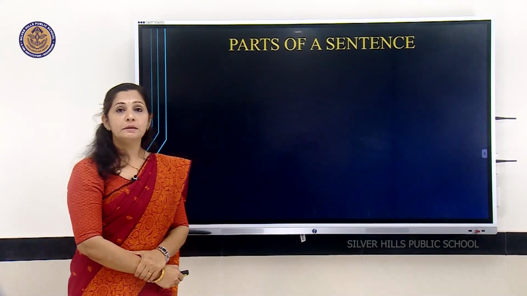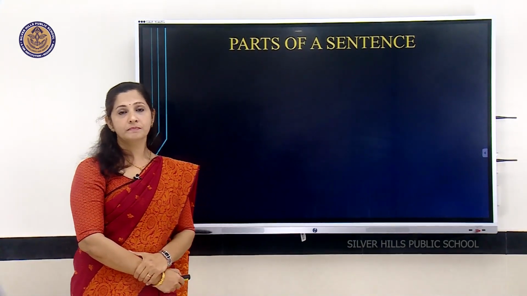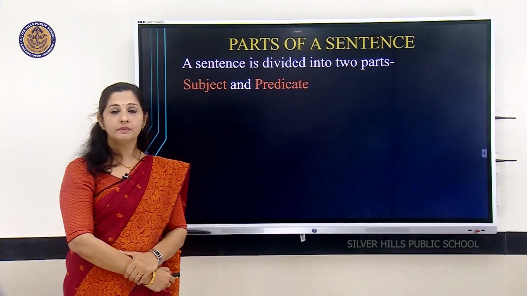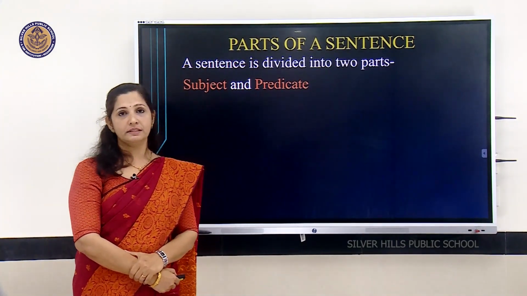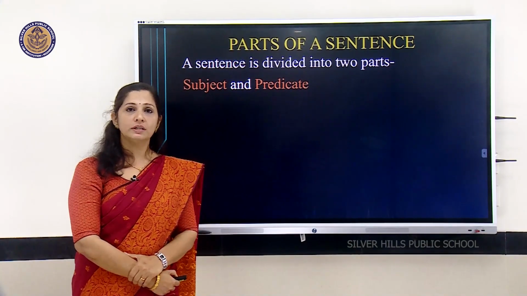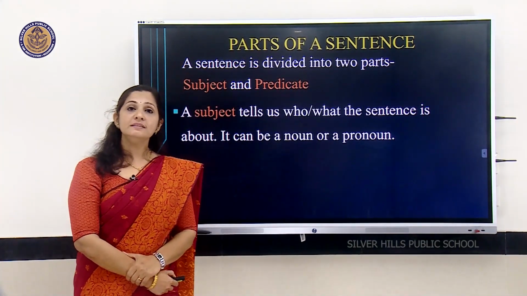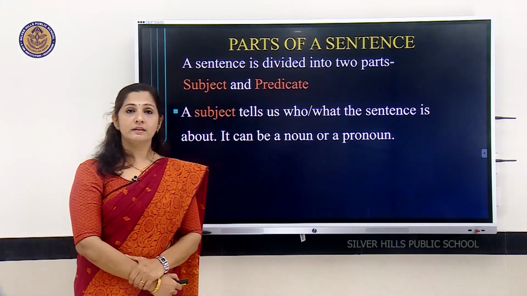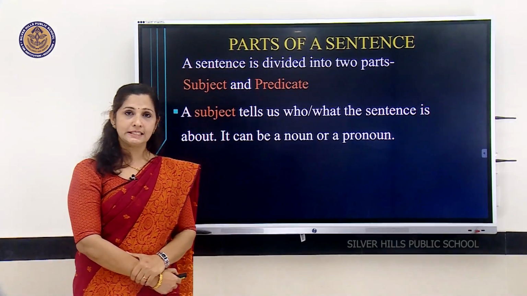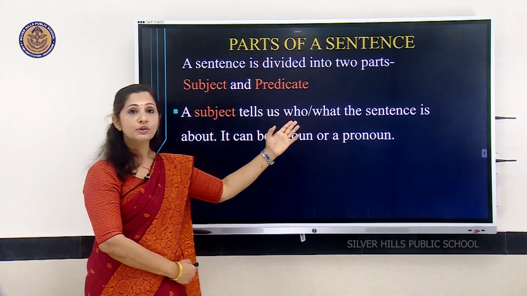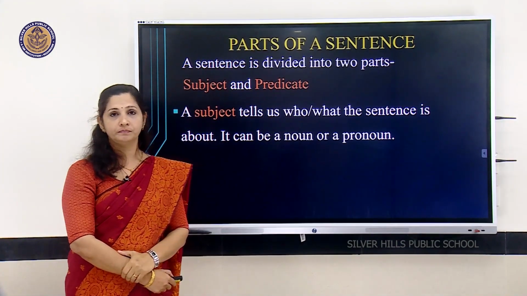Now let's look at the parts of a sentence. A sentence is divided into two parts, the subject and the predicate. Now what is subject and predicate? A subject is the person, place or thing that we are talking about in the sentence, or it tells us who or what the sentence is about.